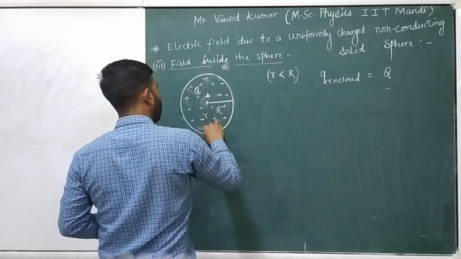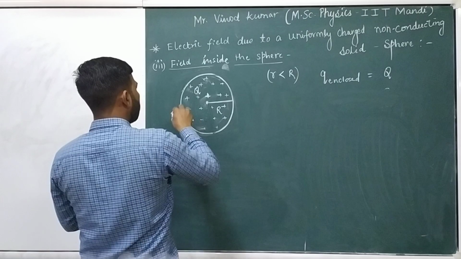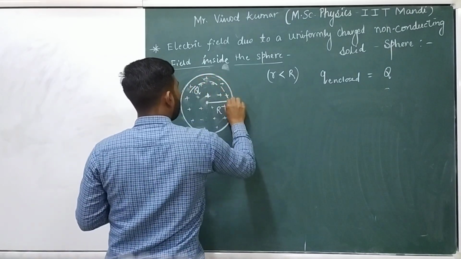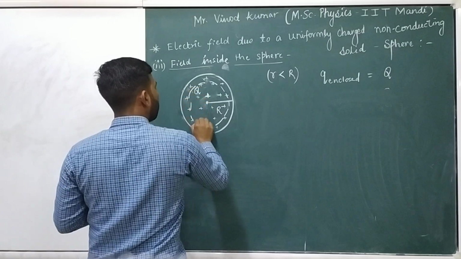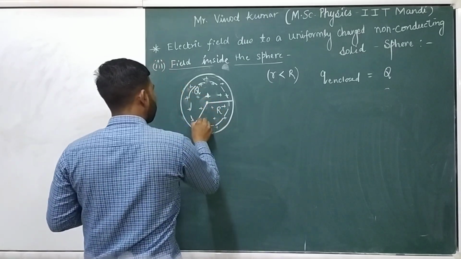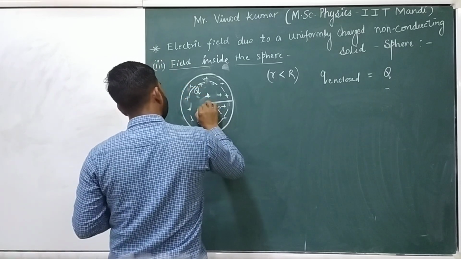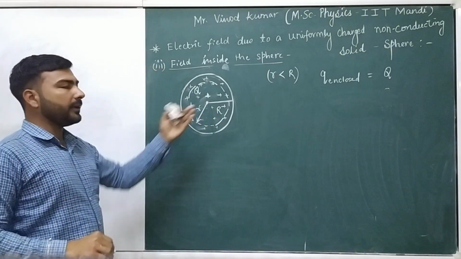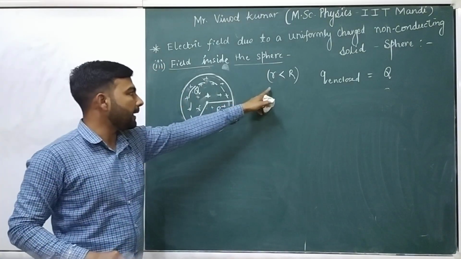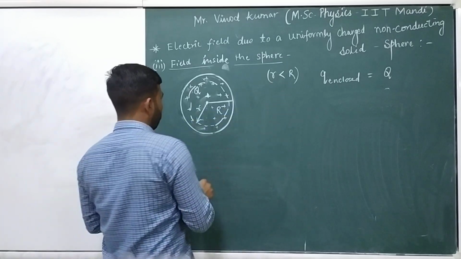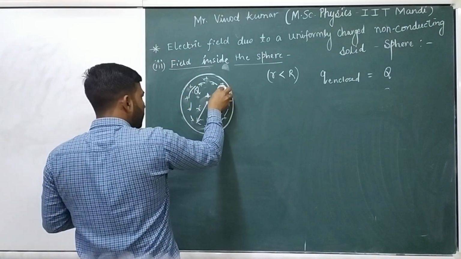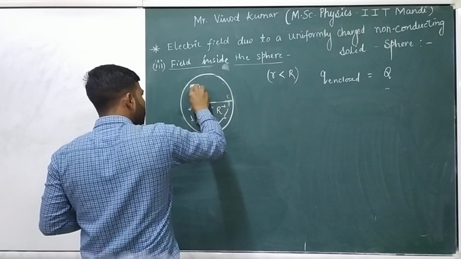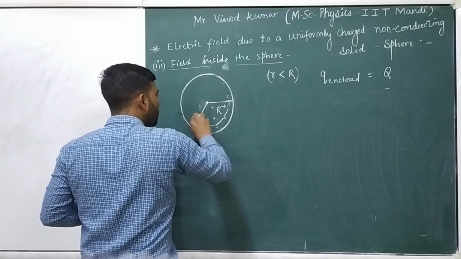So let us assume a surface like this, and the radius of that assumed inner sphere is r, and that r is less than R. If we remove this positive charge sign, the diagram will look clearer.